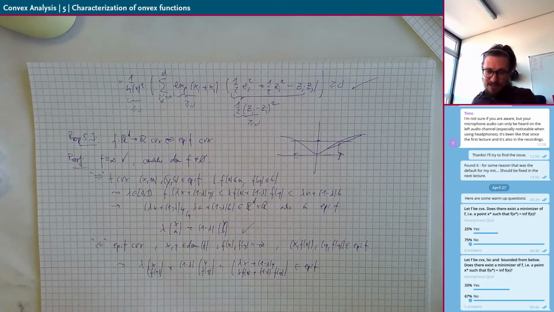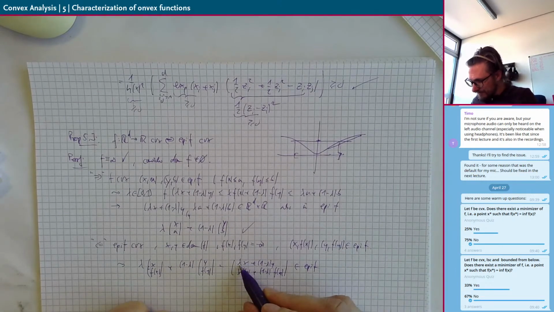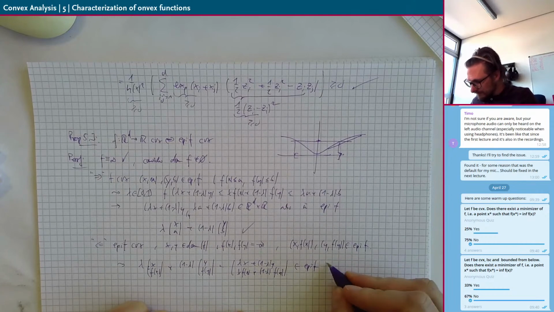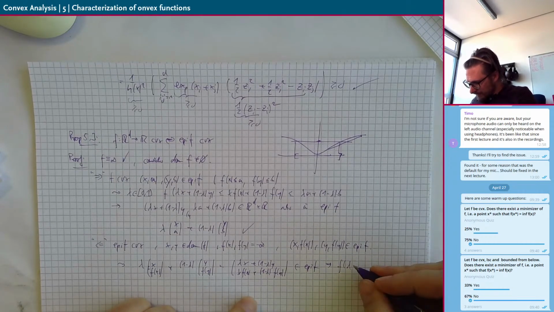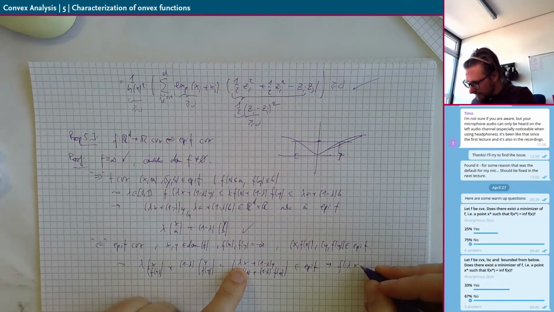Being in the epigraph means that f of the former argument is smaller or equal to the lower value.